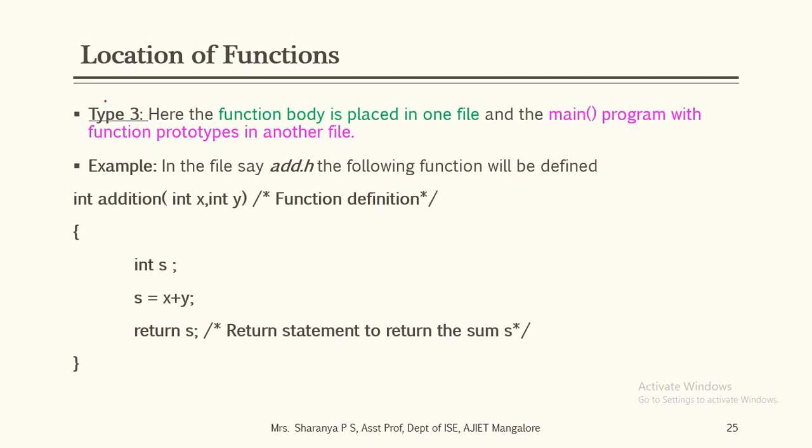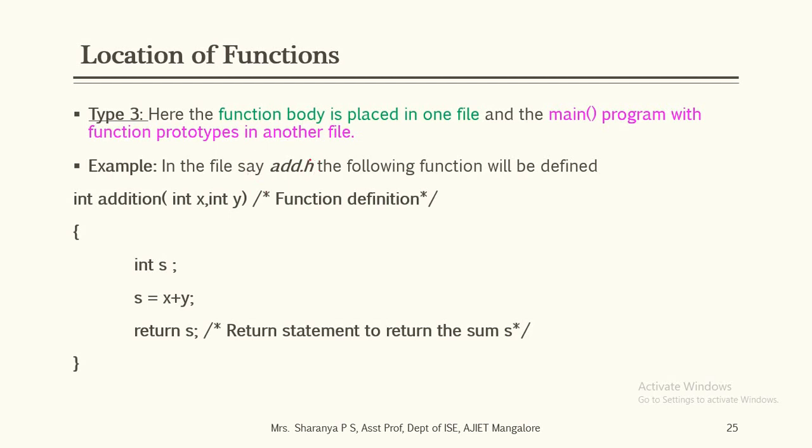Next, one more way is type 3. That is, the function body is placed in one file. The function definition is stored in a separate file, and the main program with the function prototype will be mentioned in one more file. If you look into the example here, we have created one file by the name add.h.